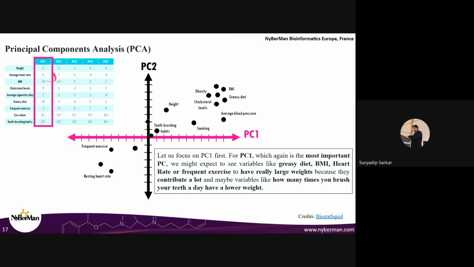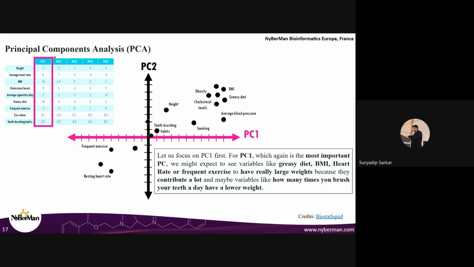BMI has a weight of 10, heart rate has a weight of 9, greasy diet has a weight of 10, and so on. Why do you think that is? Naturally, these are loadings, which means these are weights, and they tell you how much each of these features is contributing to this principal component.